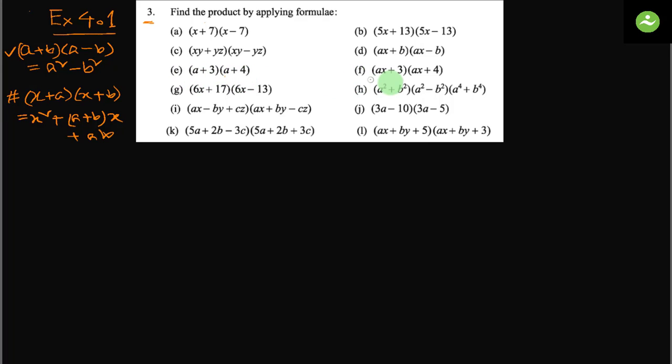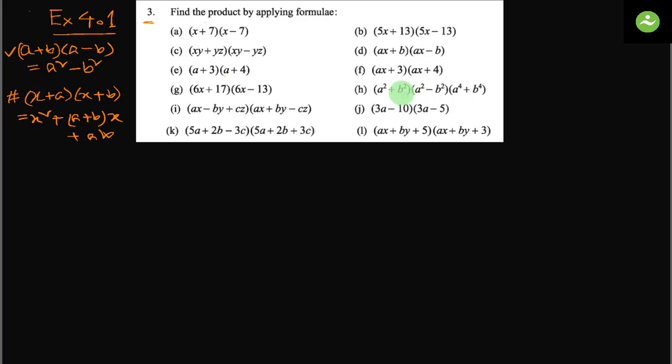So F, ax plus 3, ax plus 4. This is also for the second formula. G, 6x plus 17, 6x minus 13. The second formula, x plus A, x plus B. H, A square plus B square into A square minus B square. If we apply the formula A plus B, A minus B, we get A to the power 4 minus B to the power 4, and then again A4 plus B4.